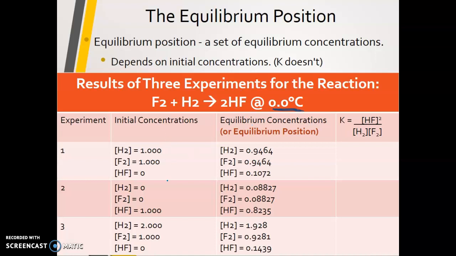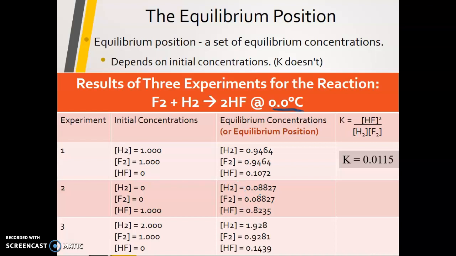We start with all reactants and no products. The equilibrium position is when the rate of change is exactly the same, and the K value is 0.0115.